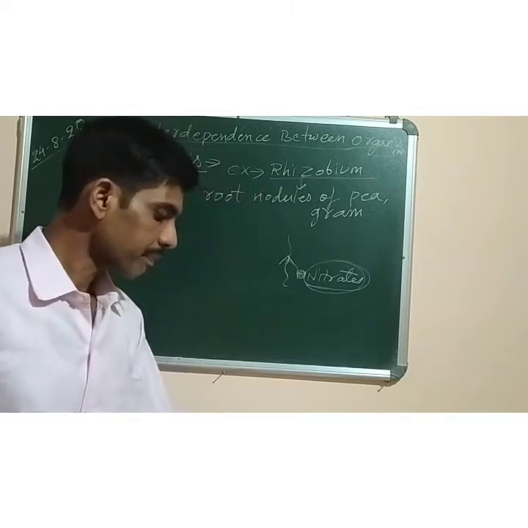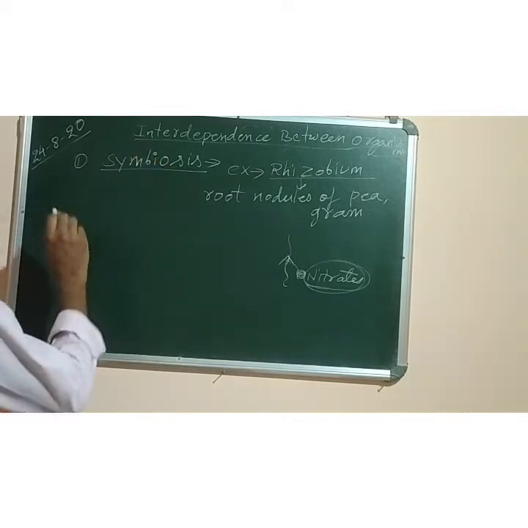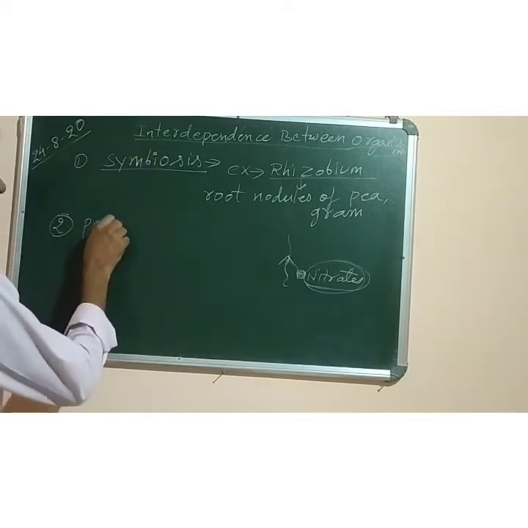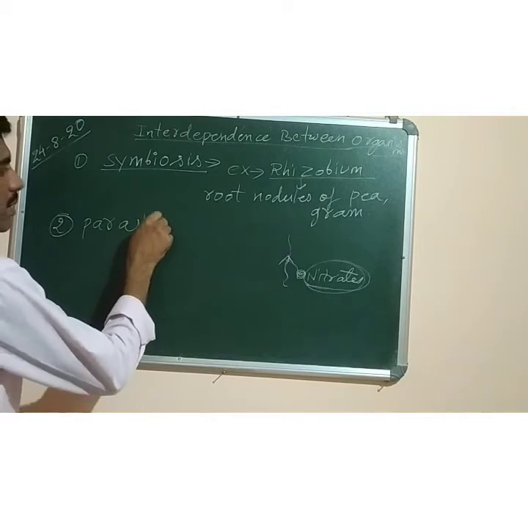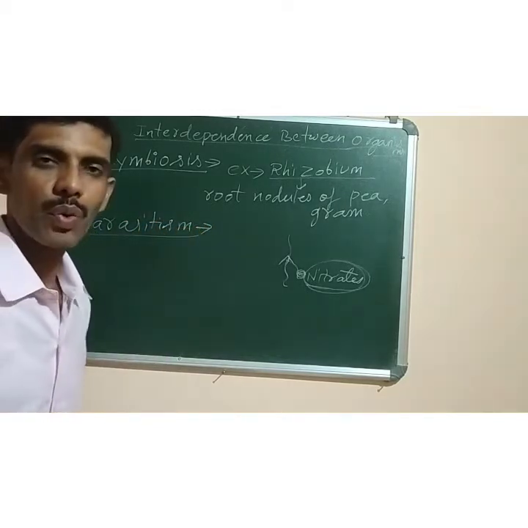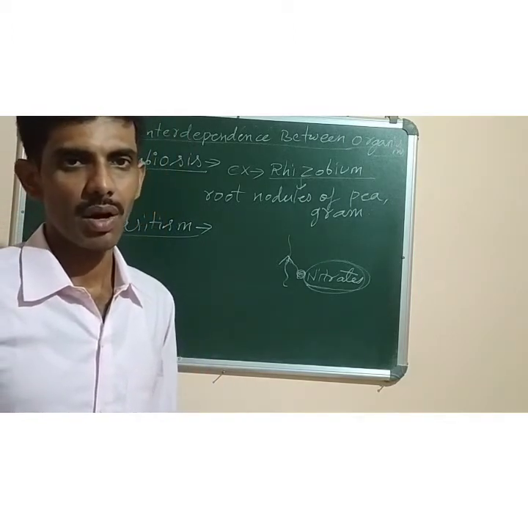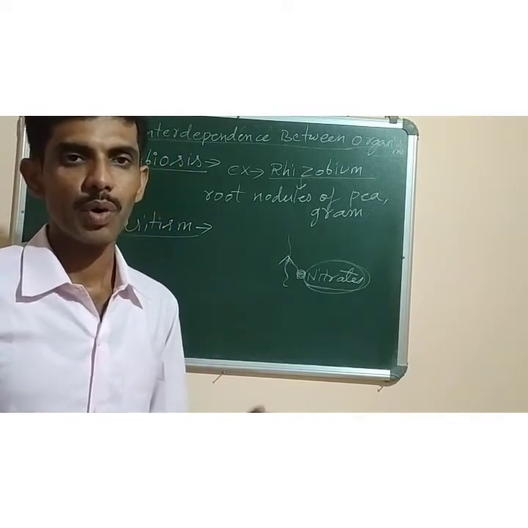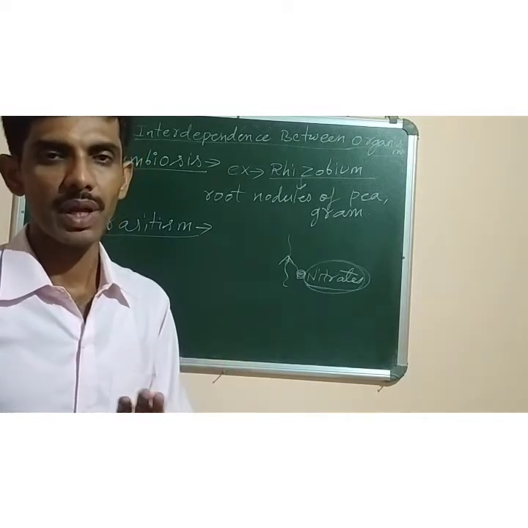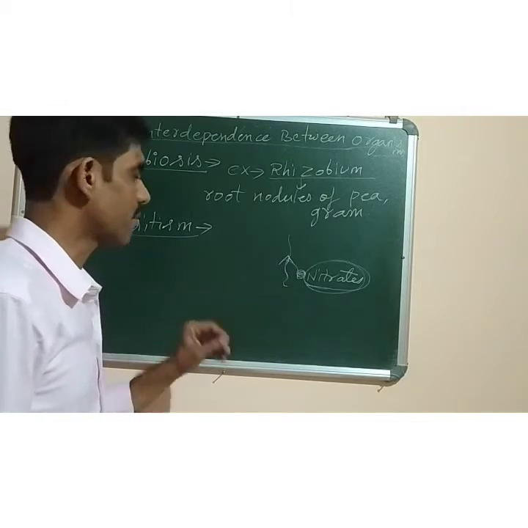Now next we have parasitism, the second one. First one you have understood, symbiosis. What is a parasite? Parasites are those living organisms which remain on the body of some other organisms and provide harm to them. They do not do any beneficial activity. They are only harmful for them.